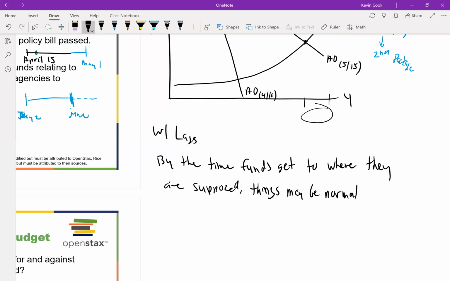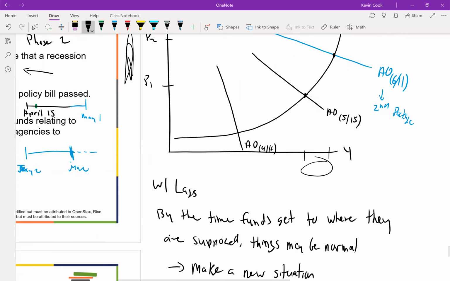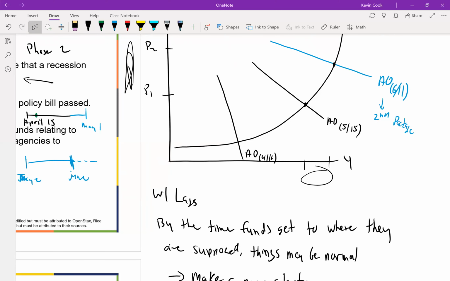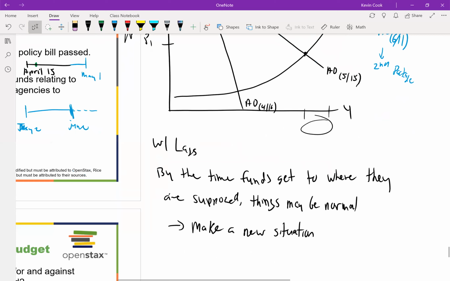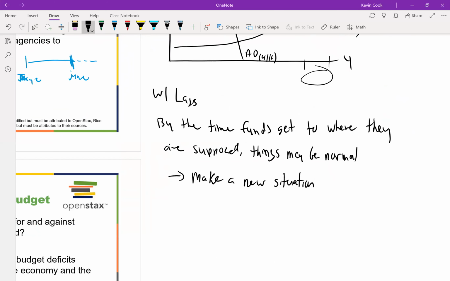And if things are normal, this policy could potentially make a new situation. And again, as I'm doing this, I'm throwing in a lot of ifs, so I'm not giving commentary on the policy. I'm just saying, again, if things got better too quickly, and quote unquote too quickly, meaning in terms of for our policy to have an impact. So in this case, we have this new situation, which could lead to a concern of inflation.